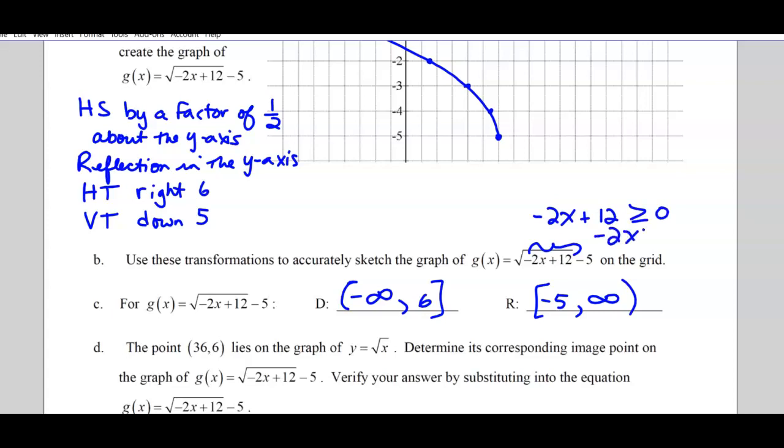If I solve this, this is a good reminder, actually, get the x term by itself, and now divide by negative 2. What happens to the direction of the inequality? Changes. Do not forget. So this ends up being x less than or equal to positive 6. Whenever you multiply or divide an inequality by a negative, it changes the direction.